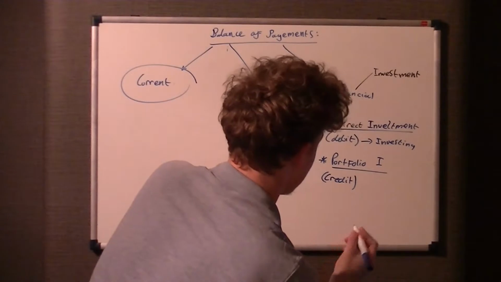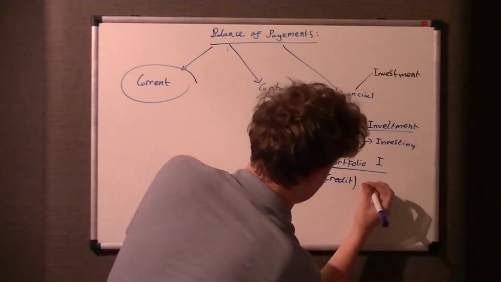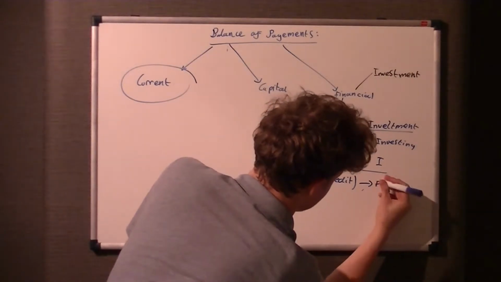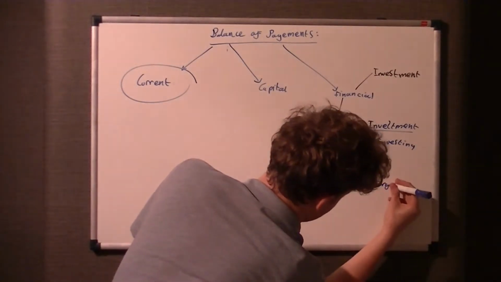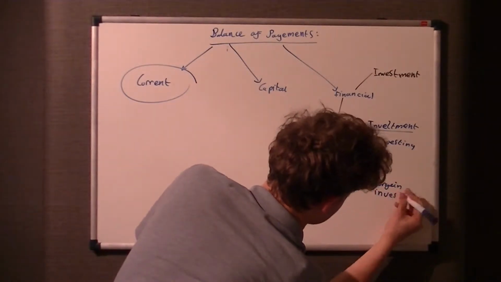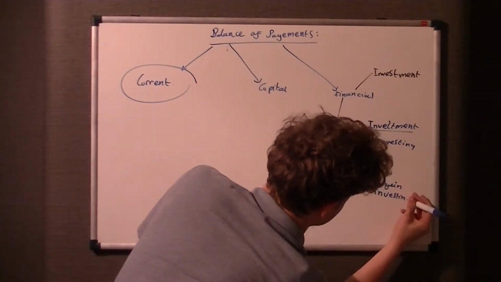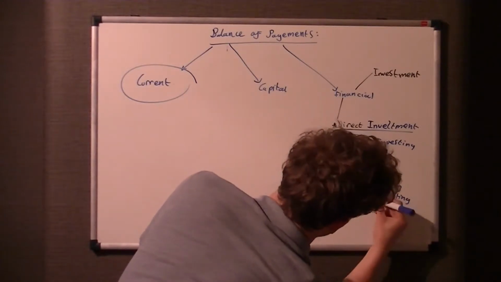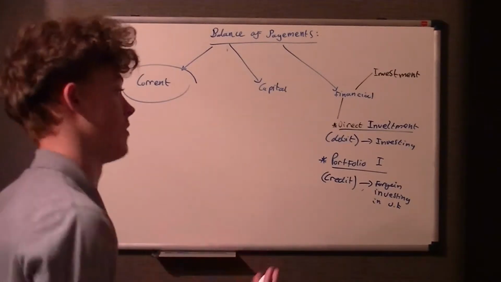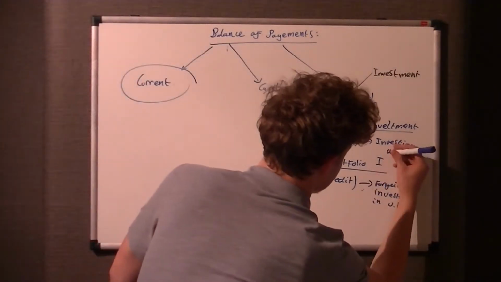So the credit will be from foreign investment in the UK, investing in the UK. And obviously the previous one's a debit because we're investing abroad. So I'll just put investing abroad.